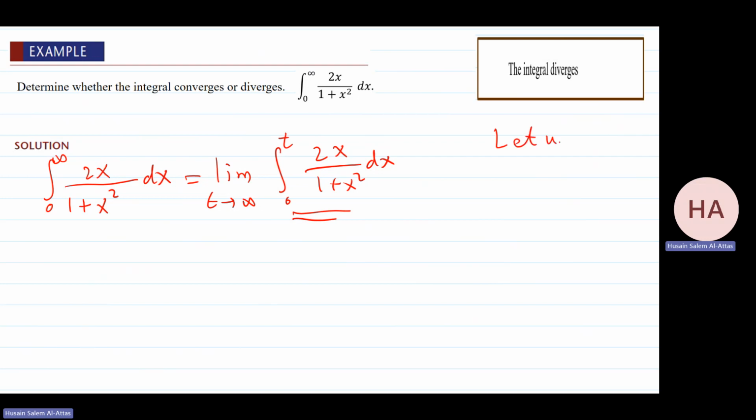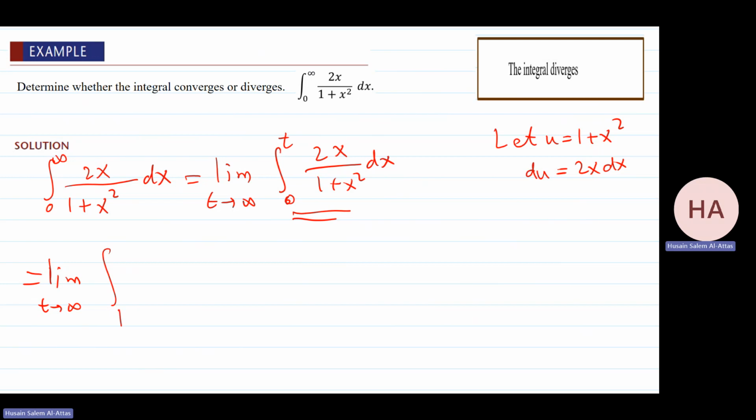You let u equal 1 plus x squared, so du will be 2x dx. Sometimes it's not bad if you do the integration without the integration limits and then return them back, or you can do it at the same time to avoid changing the limits, with the substitution.